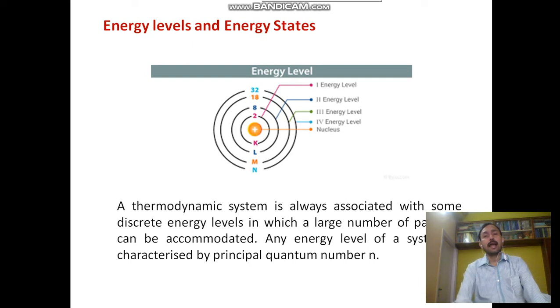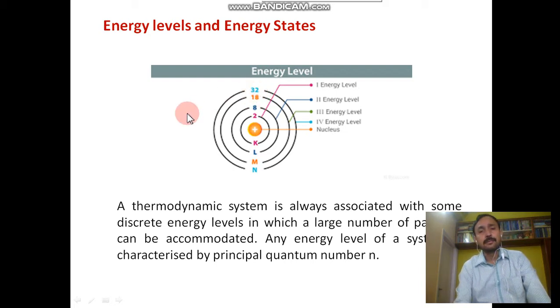Energy levels and energy states. So this is a figure. There are K, L, M, N different shells. We will represent the first one, K, energy level 1, maximum number of particles 2, then energy level 2, maximum number of electrons 8, energy level 3, maximum number of electrons 18, this is 32 and so on.